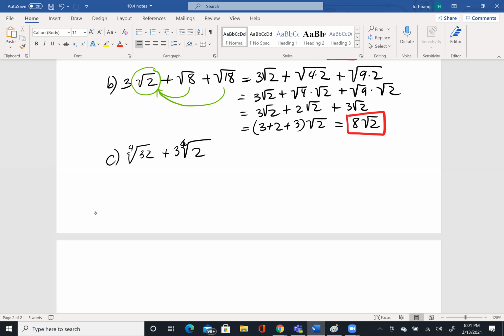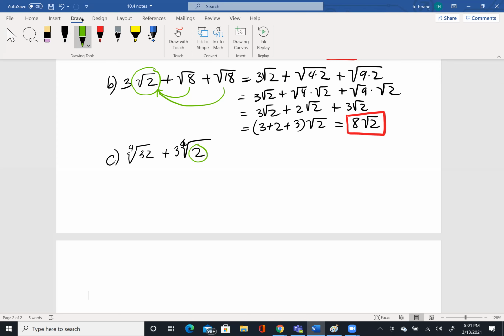So now, what do I need to do? Here, what is the smallest radical I have right now? I have 2. So I need to convert the 32 to have the like term radical, which is 2. So the first one I can rewrite as 4th root of 16 times 2, right?